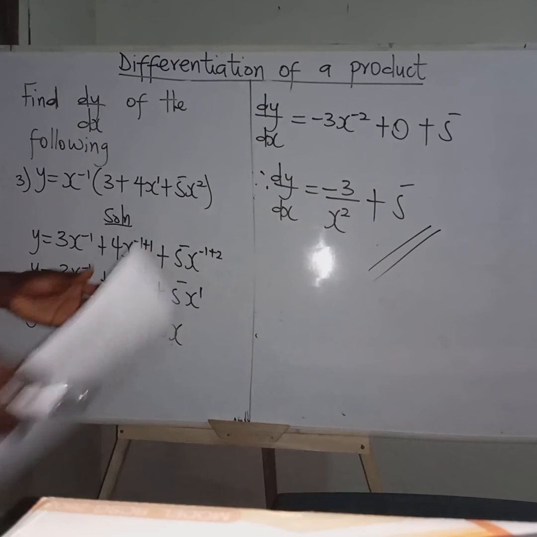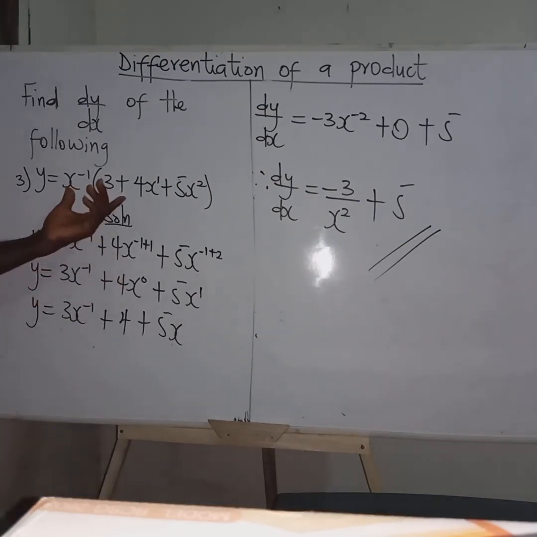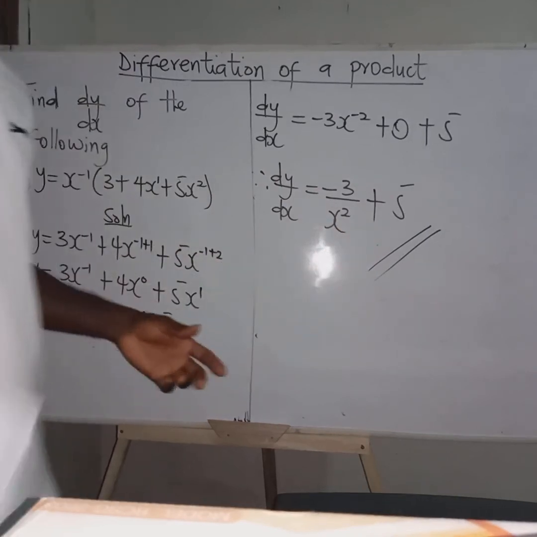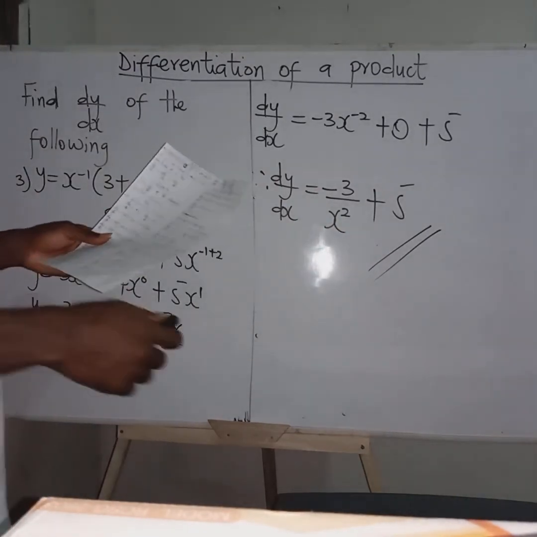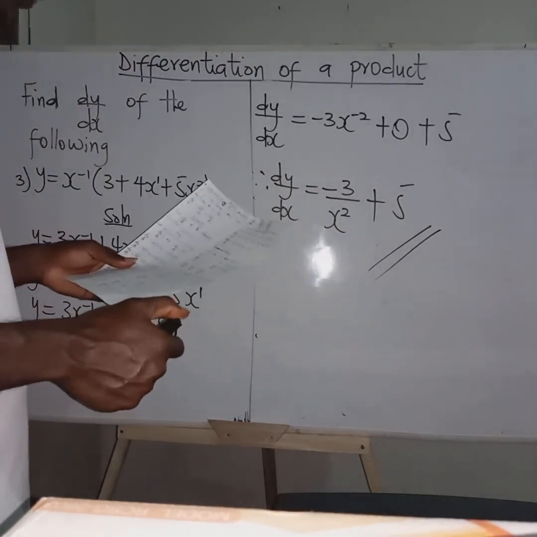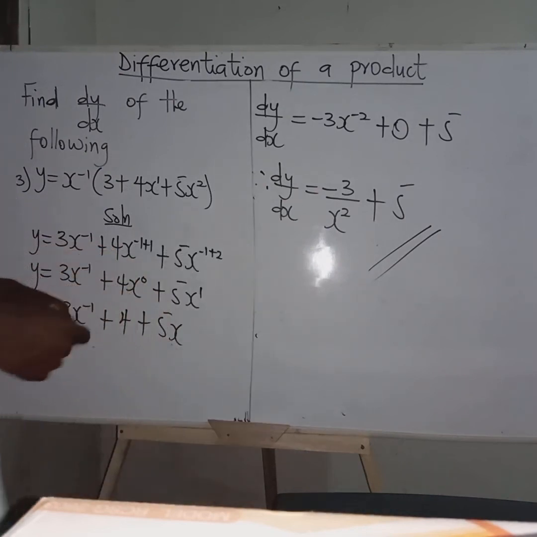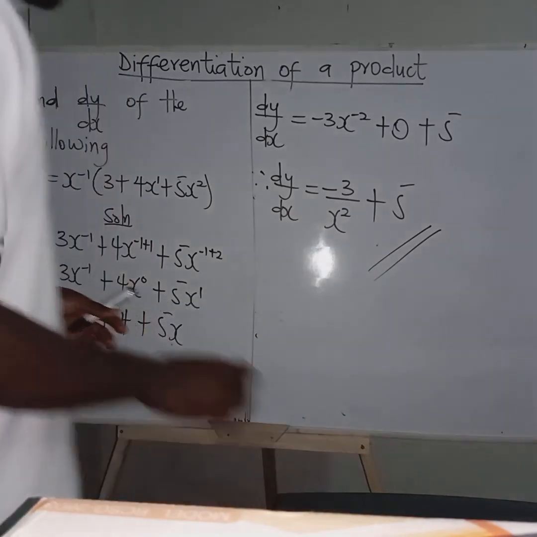So please, you also try it by using the product rule and see whether you arrive at the same answer. You should get the same answer. So these are our 3 examples for the day. I'm going to give you some try questions so that in our next meeting, you all look at the solutions.